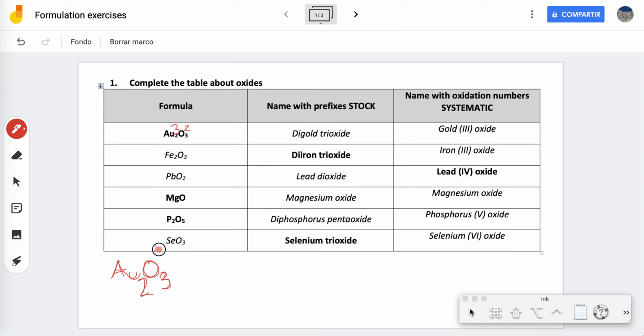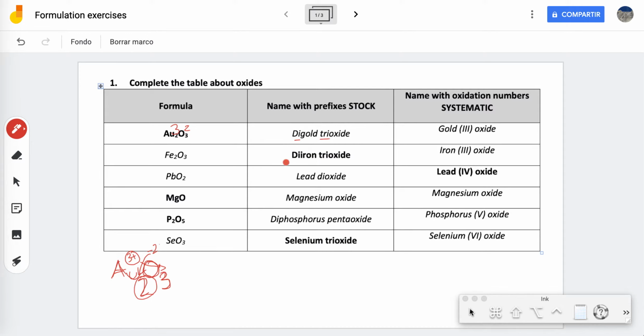Because oxygen has -2 as an oxidation number and gold has +3. Then we swap. The oxidation number of gold goes to the index of oxygen, and the oxidation number of oxygen goes beside gold. So that's why we have digold and then trioxide, 3 oxygens. Okay, good.